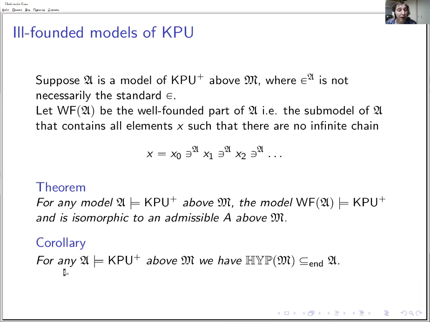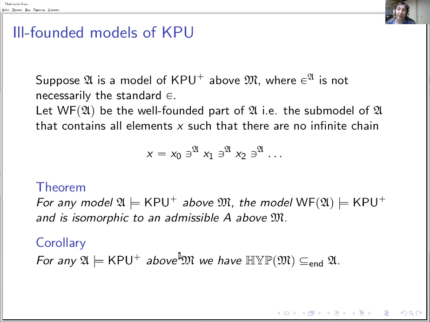Okay. And now the theorem is that for ill-founded models of KPU, the well-founded part of the model is always a model of KPU. Okay, KPU plus. And of course, then using the standard Mostowski collapse, the well-founded part can be made a transitive model, but that's the boring part.